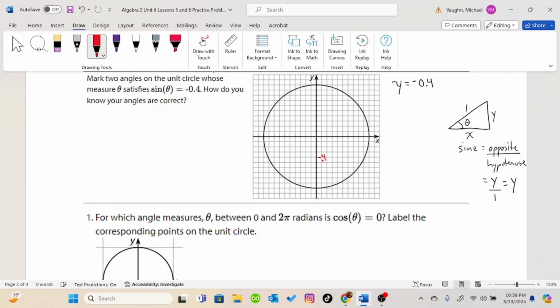So if I go out to the left, I have a point right here. So if I draw the line connecting it to the origin, then this angle right here would be one of the points.